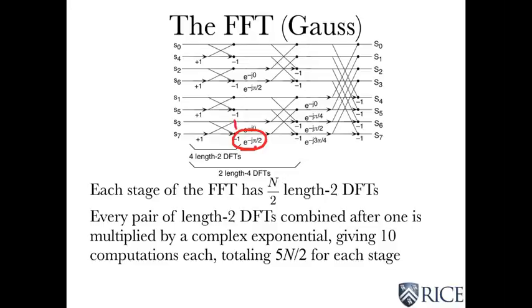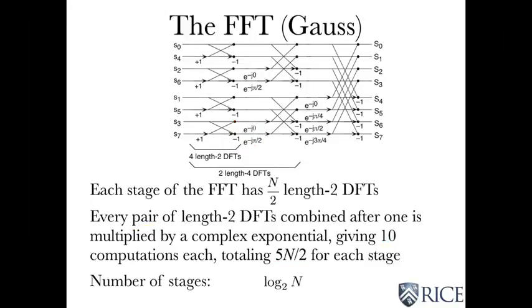All right, now every pair of length 2 DFTs is combined after one is multiplied by a complex exponential. These are combined together. And if you count up the number of computations, the real multiplies and adds, you get 10 computations each. So for each stage, you get 5 times n over 2. And the reason it's 5 is because there's 10 applied for every pair. So we get 5 n over 2 computations for every stage.